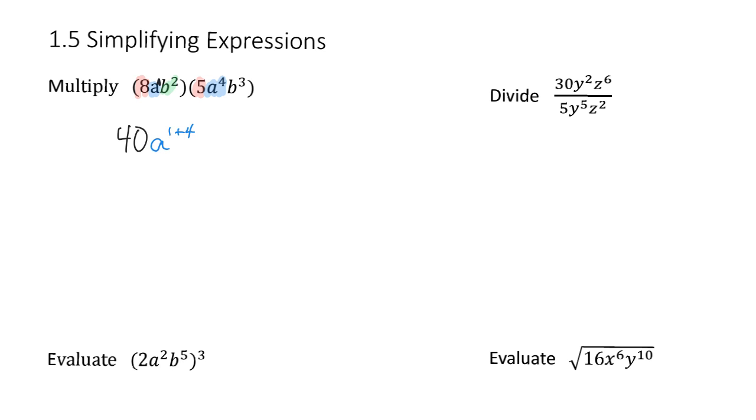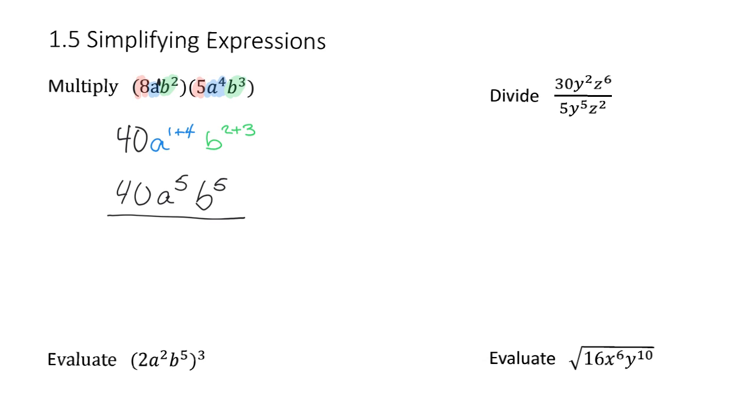Same thing with the b's. Okay, so b, 2 plus 3. And now we simplify that, right? So we have 40. 1 plus 4 is a to the 5th. 2 plus 3 is b to the 5th. So that's going to be our answer there. Okay.